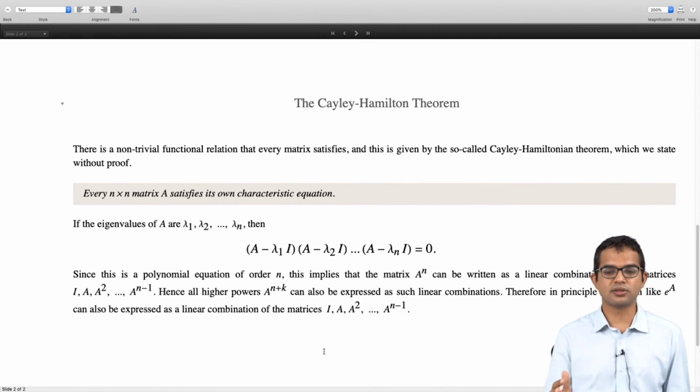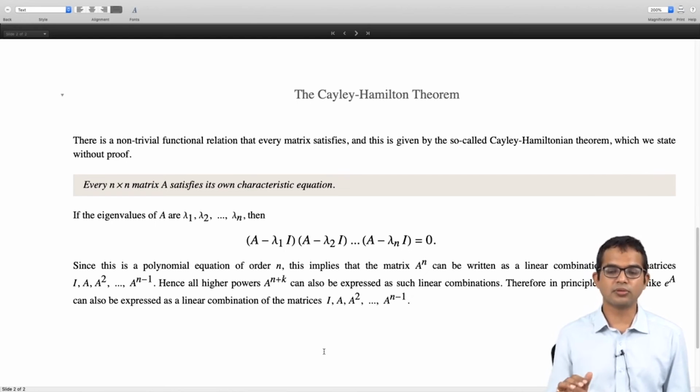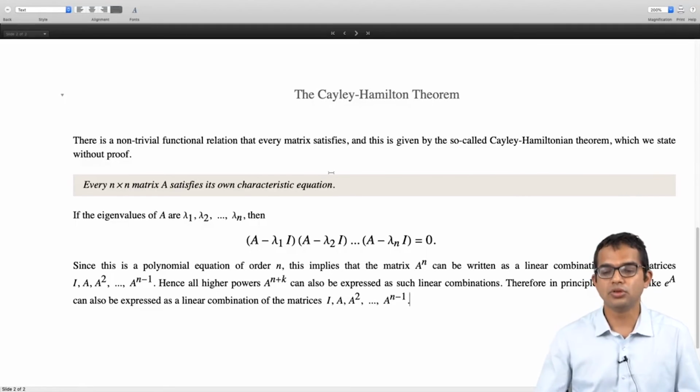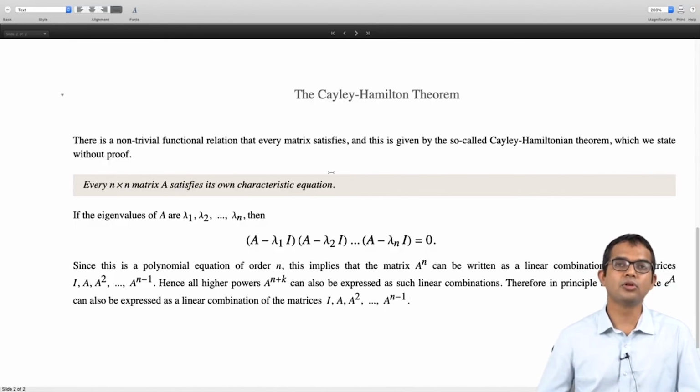So I have just stated this as a fact, and it's a useful fact sometimes, but from the point of view of completeness, we include just a short description of the Cayley-Hamilton theorem, right? With this, we come to an end of our foray into linear algebra. It's a vast subject, and if you want to carefully get into all the details, it's a full course in itself.